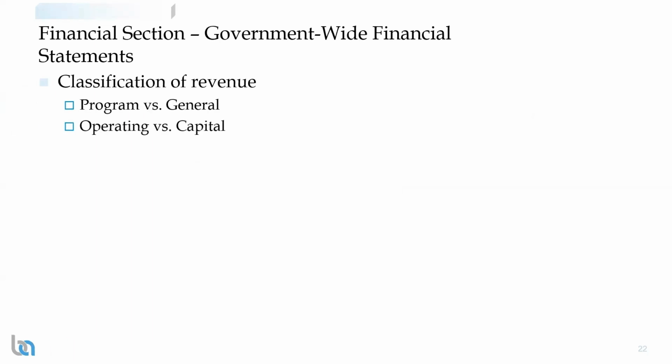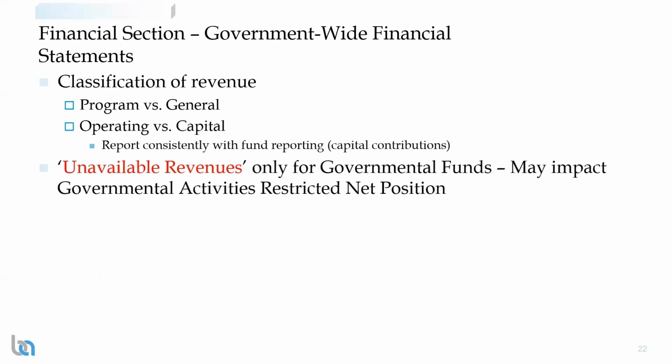All right. This is another issue. I'm not going to spend too much time. I think just consistency between the presentation of revenues on the fund statements versus the government-wide financial statements has to be consistent. If I have grant revenue in my water fund and I'm saying this grant revenue is capital related, then this grant revenue should also be reported under capital contributions or grants.